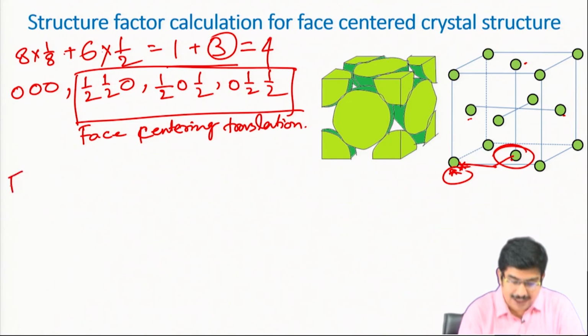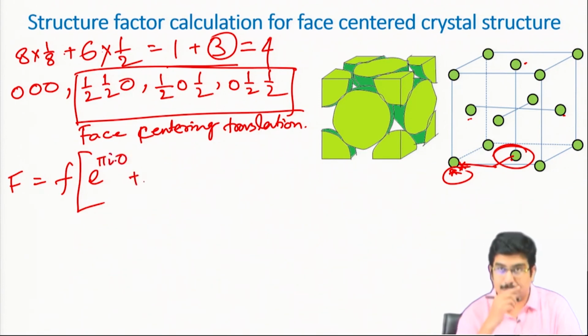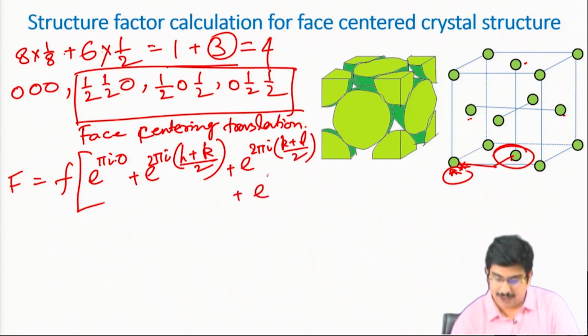Okay. So in this case again the structure factor will be, we start with the same kind of atom, so atomic scattering factor is the amplitude, and the first one of course e to the power 2 pi i into 0, plus the second one e to the power 2 pi i into (H plus K) by 2. For the other one we can write e to the power 2 pi i into (K plus L) by 2, and the last one will be e to the power 2 pi i into (L plus H) by 2.